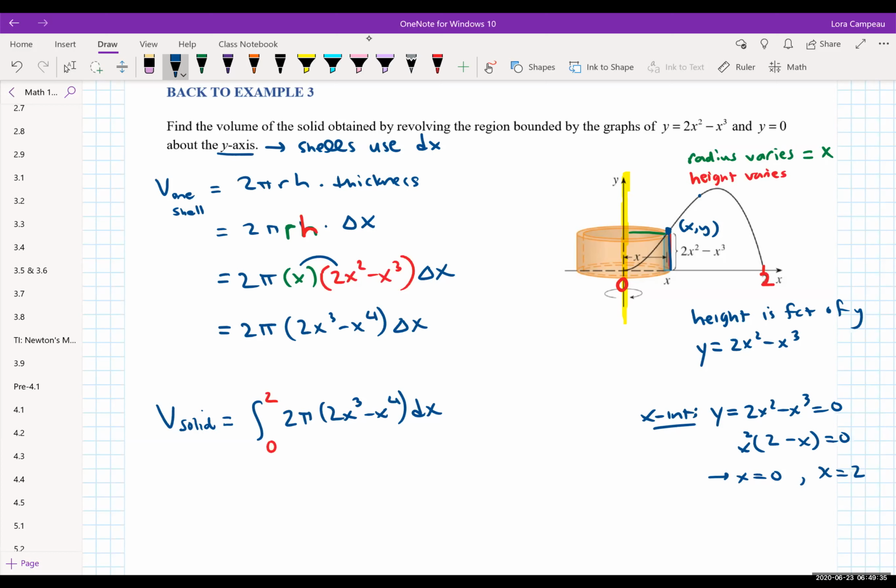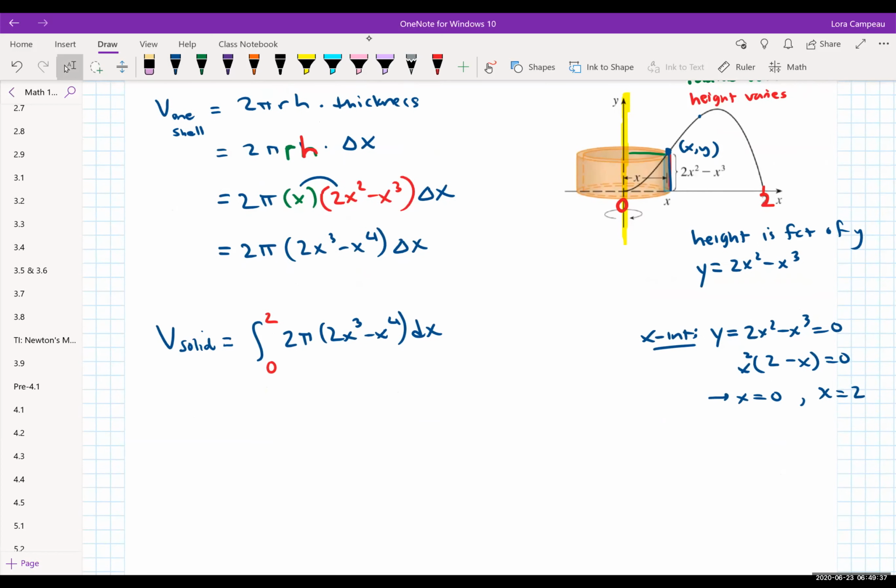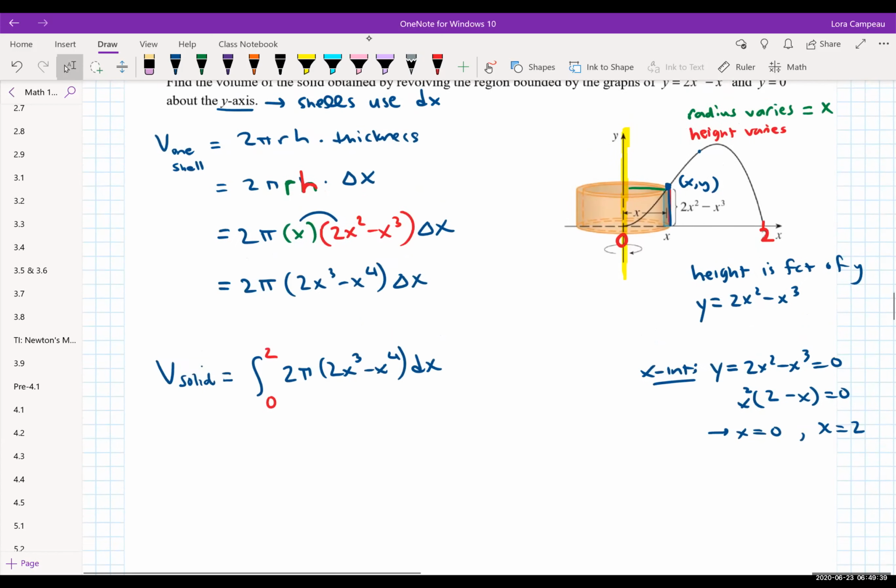So my friends, once the setup is taken care of, I believe finding the volume of one shell and rewriting everything in terms of x is the roughest part. We can then say, no problem. Let's factor that 2 pi out and take the integral. It's not horrible to do by hand, but we do have that technology waiting for us with our TI.